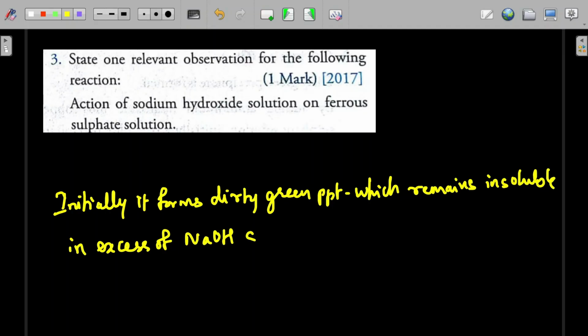This is how you have to write the complete sentence. Or you can also say ferrous sulfate with sodium hydroxide initially forms a dirty green precipitate, or when you add it drop by drop, it forms a dirty green precipitate which remains insoluble in excess of NaOH. Even though they have not asked what happens in excess, we have to write both.